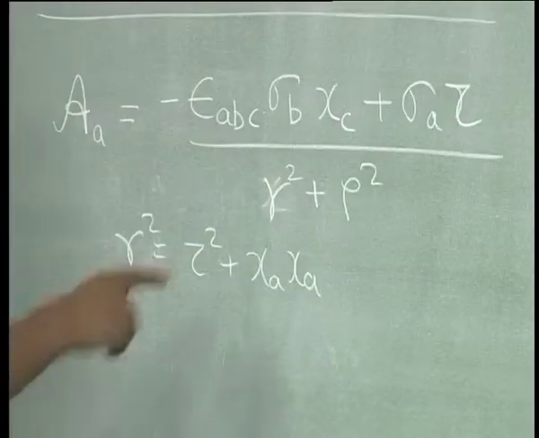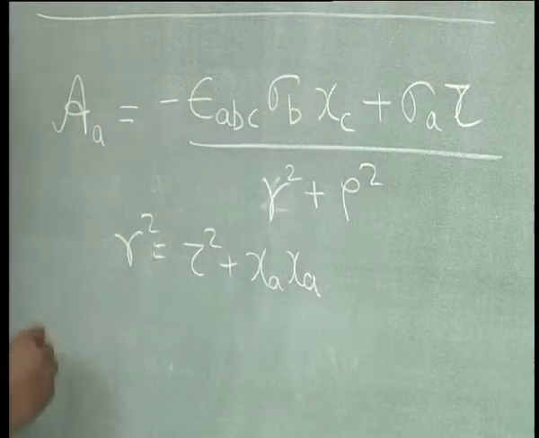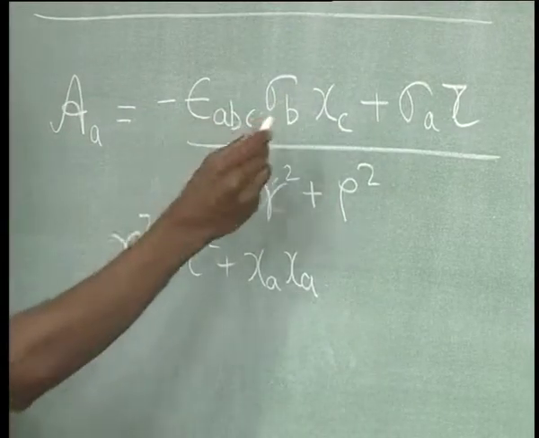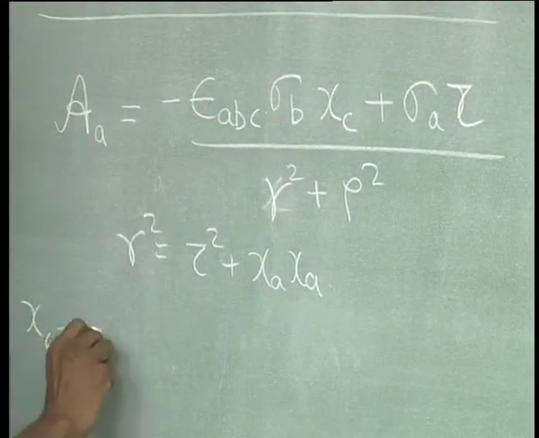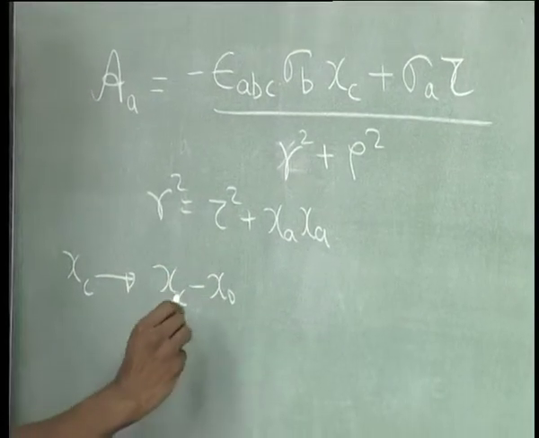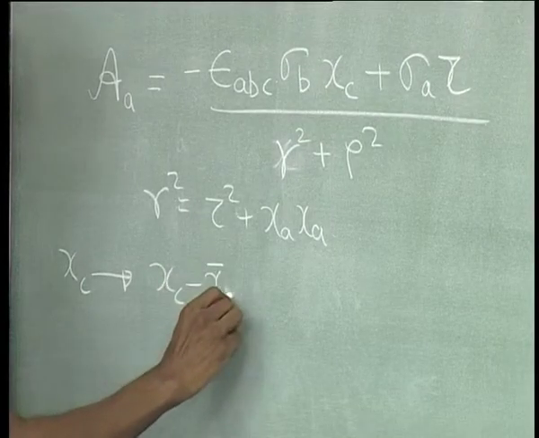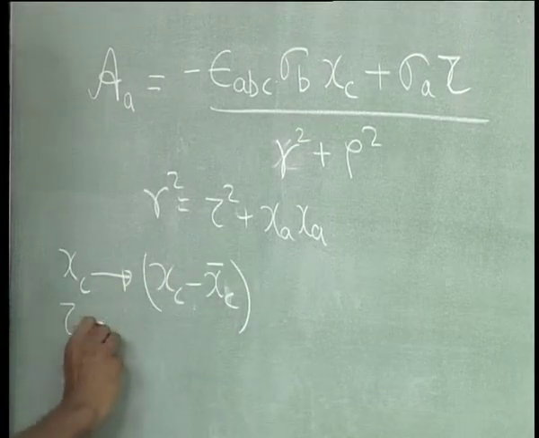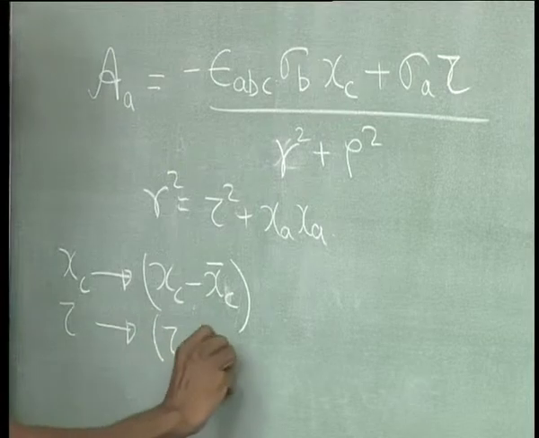The point here is that this can be generalized a bit: wherever we saw x c, we replace it with x c minus some x bar c, and tau by tau minus some tau bar.